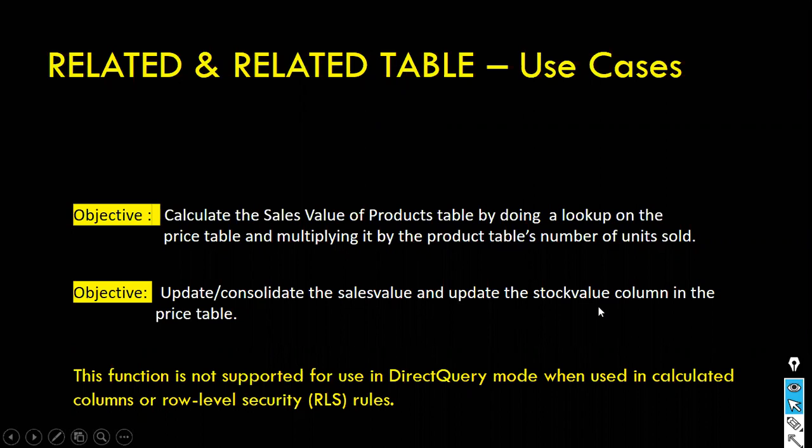You can try this: create a stock value column in the product dimension table, then use RELATEDTABLE and consolidate the units sold for each product. But this function is not supported for use in DirectQuery mode when used in calculated columns or row-level security rules. In the case of DirectQuery mode, you cannot use this function, right?